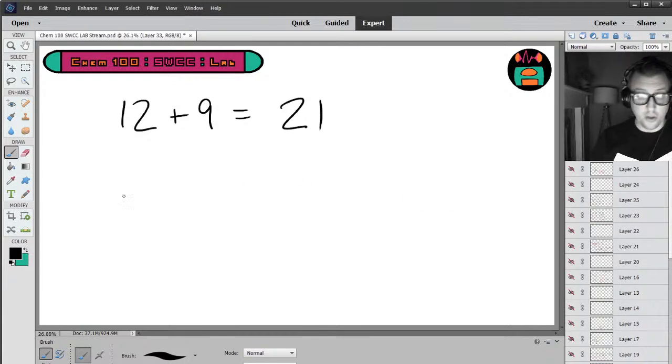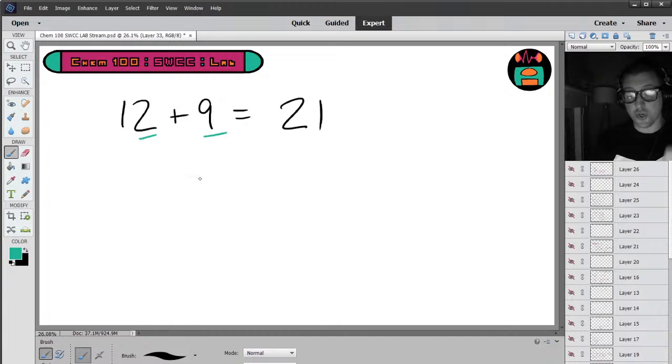You'll recall what I did is I said, where's 12's last significant digit? It's in the ones place. 9's last significant digit is in the ones place. So that means our answer must have its last significant digit in the ones place, and 21 does. 21 totally has 2 sig figs.